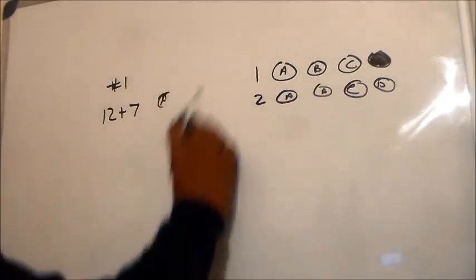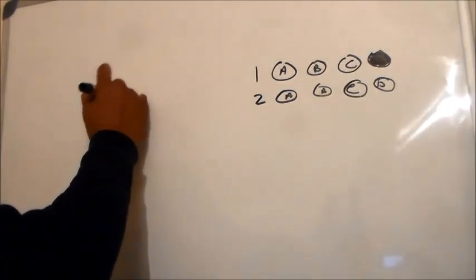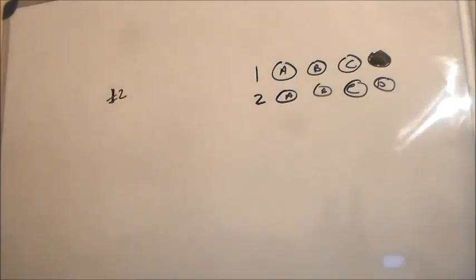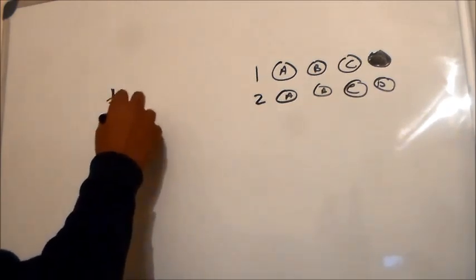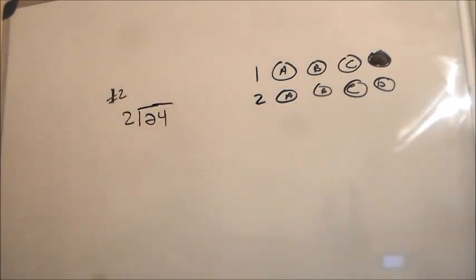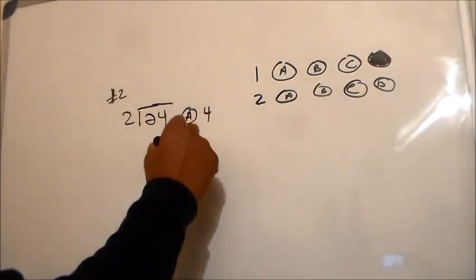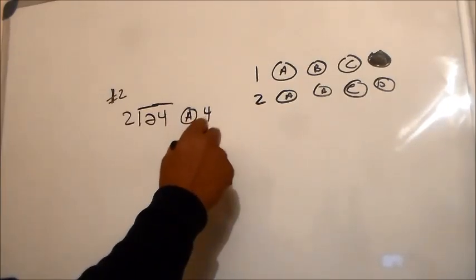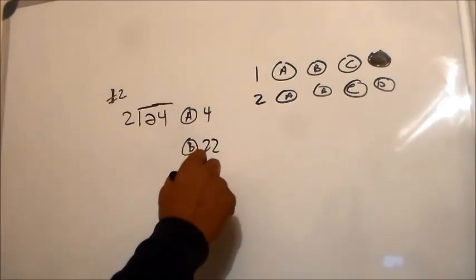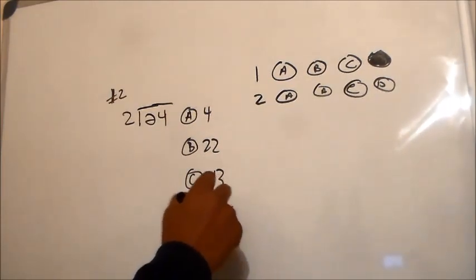And then let's say question number 2, just because some people have not taken Scantron tests before. Let's say we gave you 24 divided by 2, and A would be 4, B would be 22, C would be 13, D would be 12.